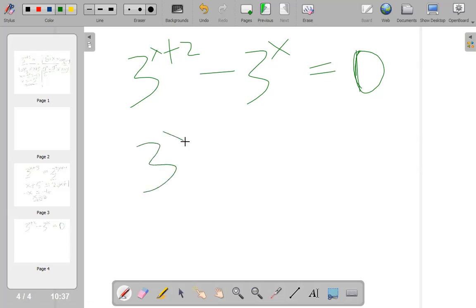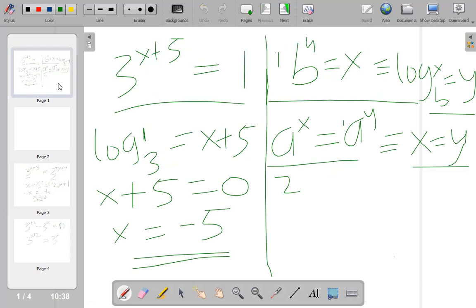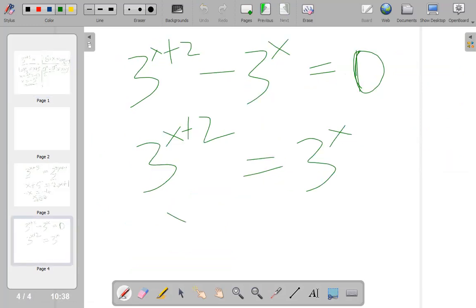So I have 3 to the x plus 2 equal to 3 to the x, so that I can have it in my form 2. Then I can go ahead and equate x plus 2 equals x, and then I solve. So you can see that it's kind of not solvable.